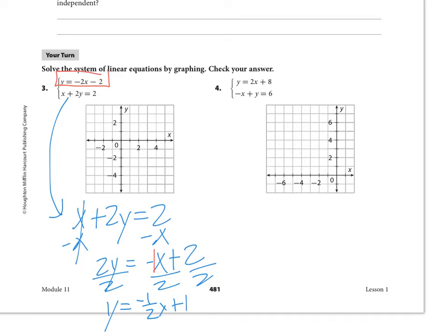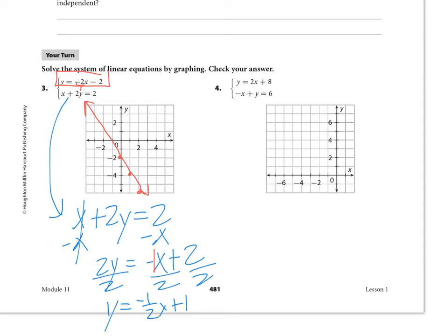So then you're going to graph. So I'm going to take the first equation. I'm going to graph it. So my starting point is negative 2. My slope is negative 2 over 1, so that means I go down 2 and to the right 1. Down 2 to the right 1, and then draw your line through those points.